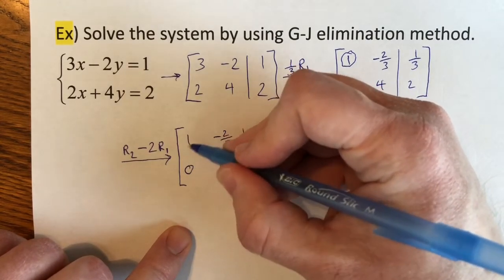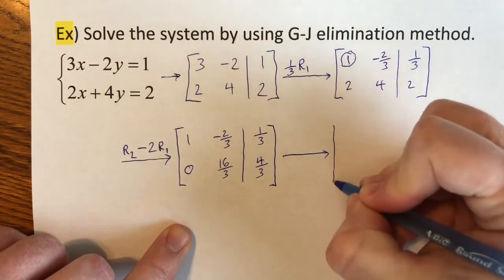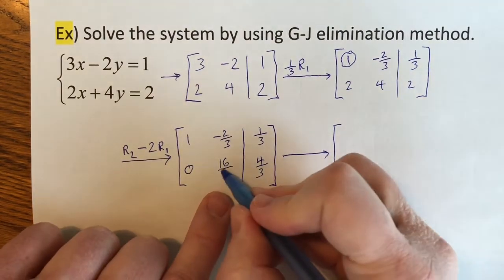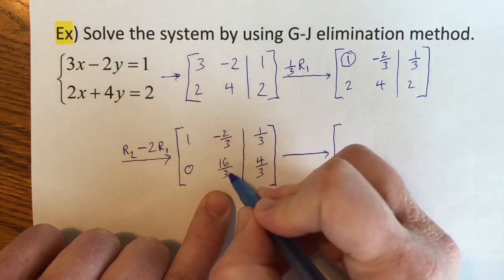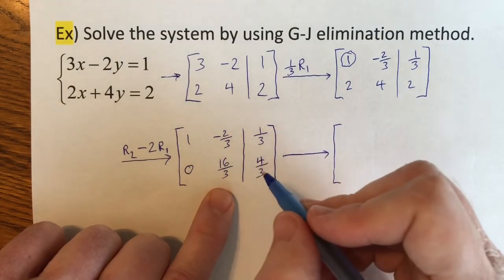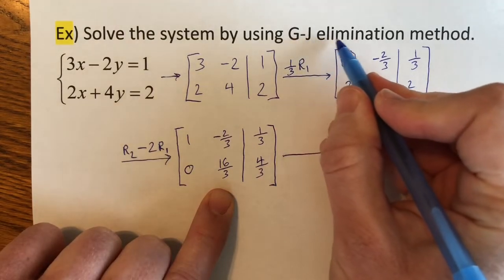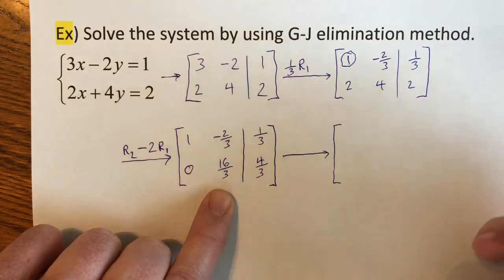All right, so notice this first column is now set. We have a 1 in the upper left-hand corner and a 0 below it. So now what are we going to do? Well, we want to make this 16/3 become a 1. We have to have a diagonal of 1s and 0s everywhere else. That's what we're looking to accomplish by going through the systematic approach, which is the Gauss-Jordan elimination method.